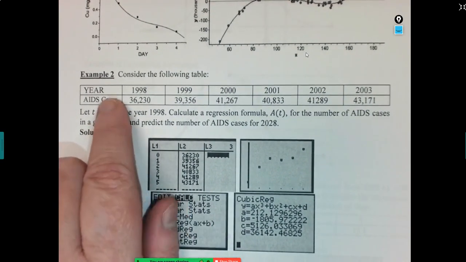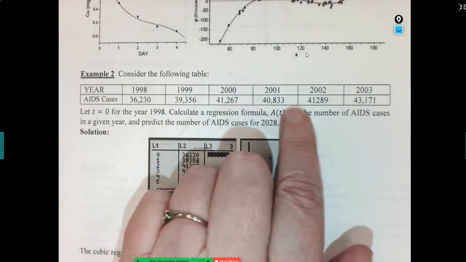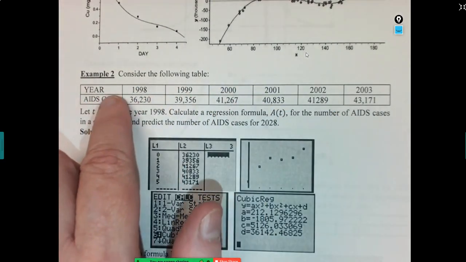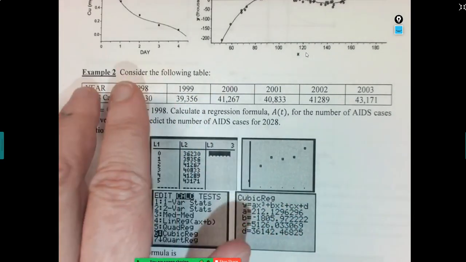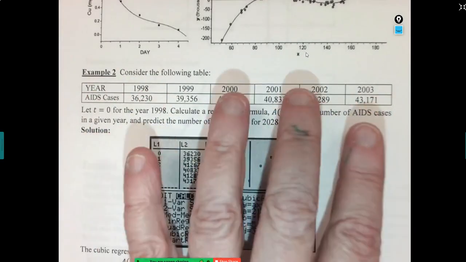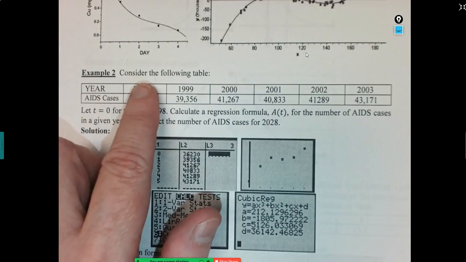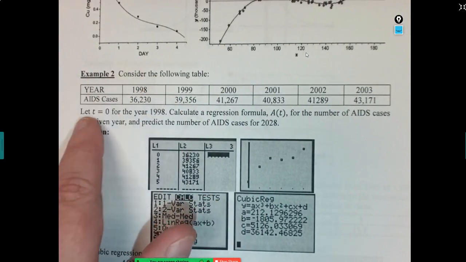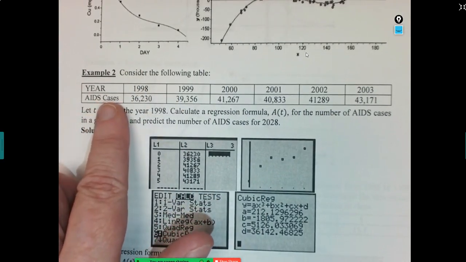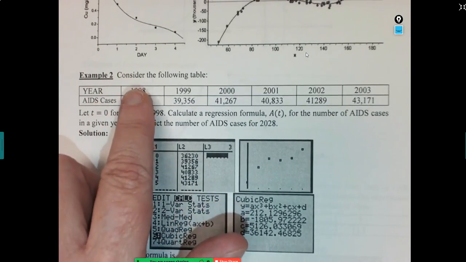So we have the year given in this table. This table's horizontal, so my list 1 values, or my X values, would be in the first row. And then paired with each year is the number of AIDS cases reported. So this is paired data.